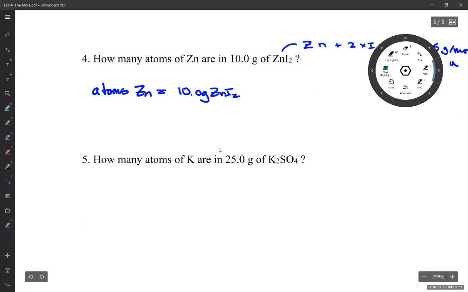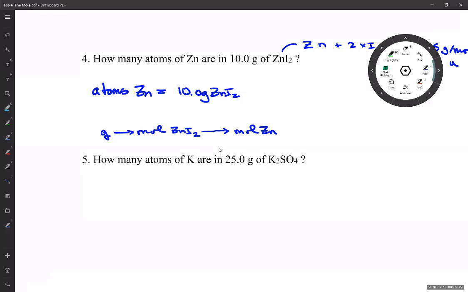You're gonna go from grams to moles of zinc iodide, and then you're gonna go to moles of zinc. Now there's 2 ways to do this, but this is the way that I usually tell people because it kind of makes more sense. And then you're going to go to atoms.